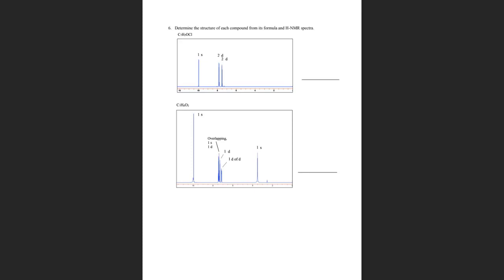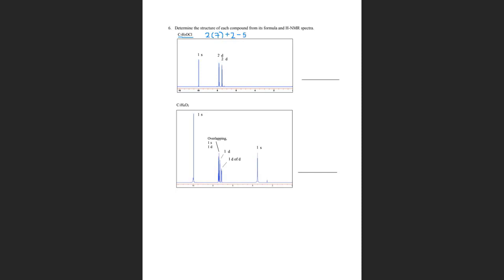Okay, we can go ahead and do this first one. So like Ria said, the first thing you should do when you look at an NMR spectra like this is to count your degrees of unsaturation. So we have our formula given right here, and so we're going to do 2 times the number of carbons, which is 7, plus 2, minus the number of hydrogens, which is 5.